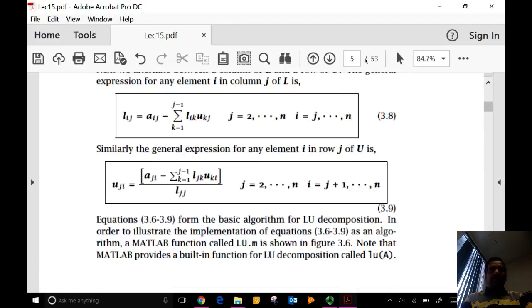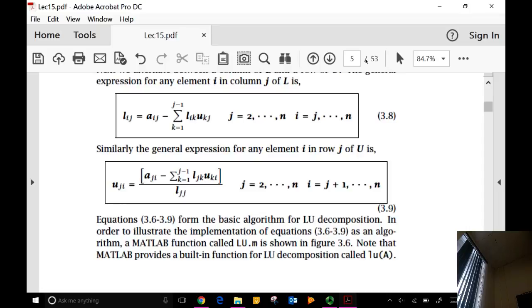And I have those 4 rules. The first one starts with the first column and the first row of U, and then from the second one, it is all the Lij's, going from i equals j to n, and j equals 2 to n. So there are 2 loops around it, but they cannot be done in one. We have to alternate between these 2.